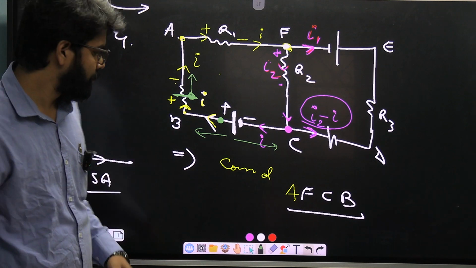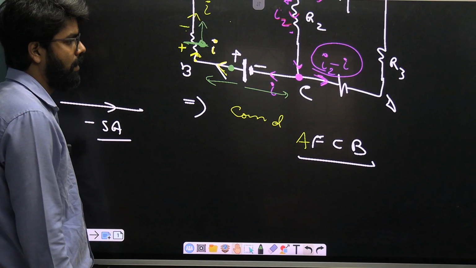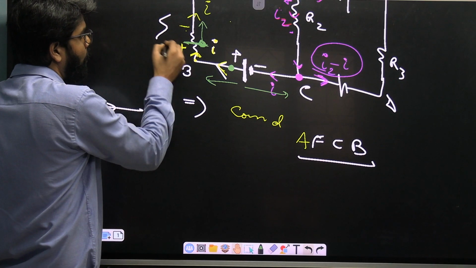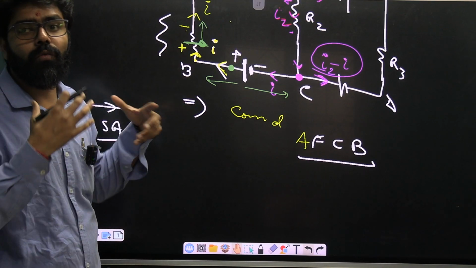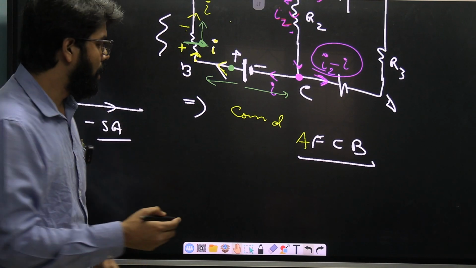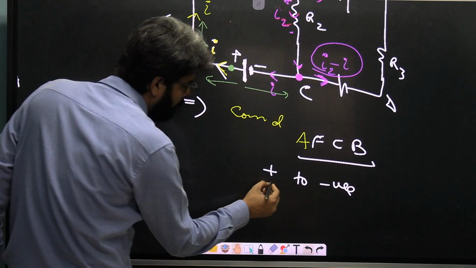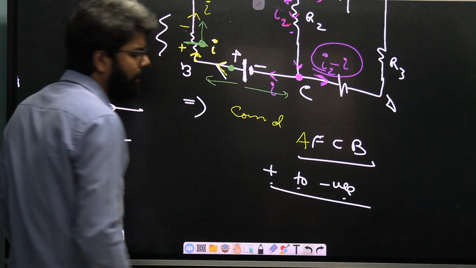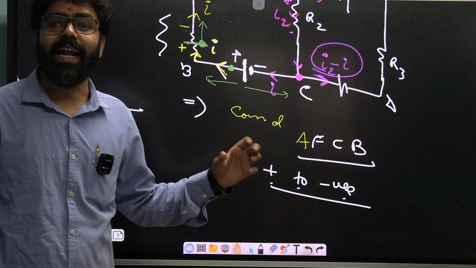Now the simple theory is that when you walk and you meet positive and negative signs, when you encounter positive to negative, that is, you walk from positive to negative, for me it simply shows a kind of decrement. So collect the voltage.